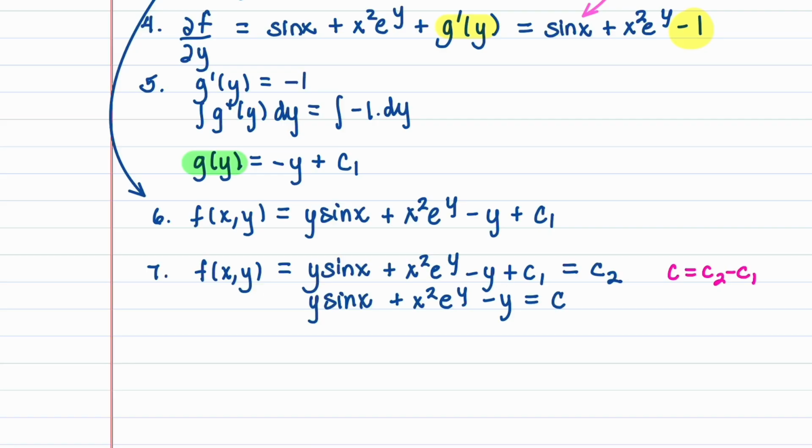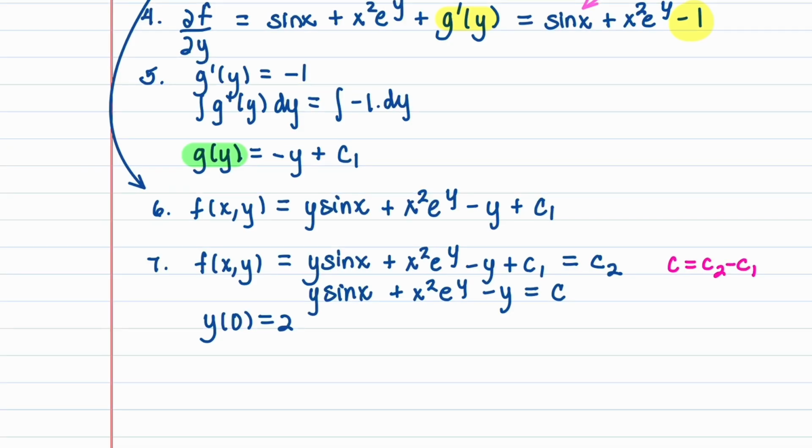In this problem, we have an initial value problem. We were given that y of 0 is equal to 2. That means that when x is equal to 0, y is equal to 2. We're going to take this equation right here, and we're going to substitute in both of those values.